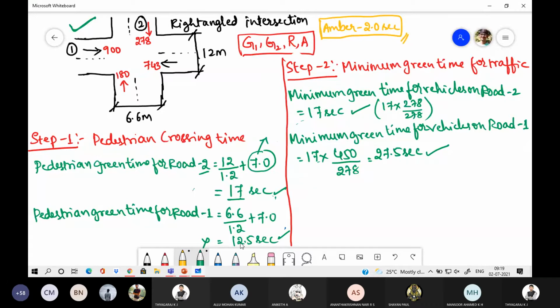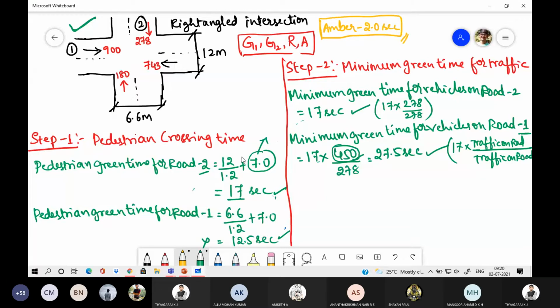But here we have got 12.5 seconds for road 1. But we have to consider the traffic which is running on road 1. Since we are calculating it for road 1, we have to consider road 1 traffic. So this can be generally written as 17 into traffic on road 1 divided by traffic on road 2.